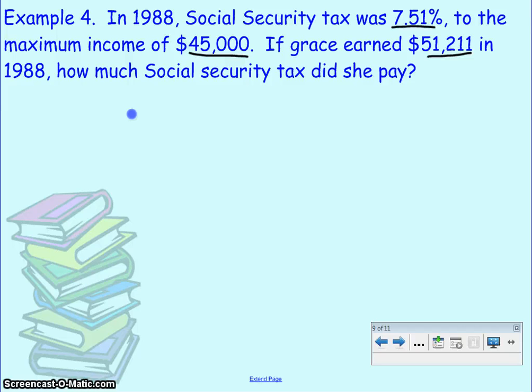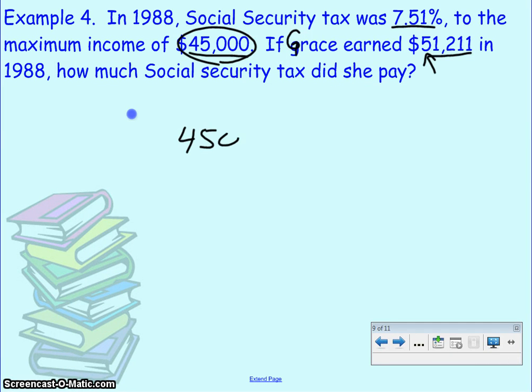Well, in this case, notice that Grace, and sorry, that should have been capitalized, Grace did go over the table maximum. And so here's a perfect example of someone who went over and what we need to do. If that person went over, the table maximum is what we use.